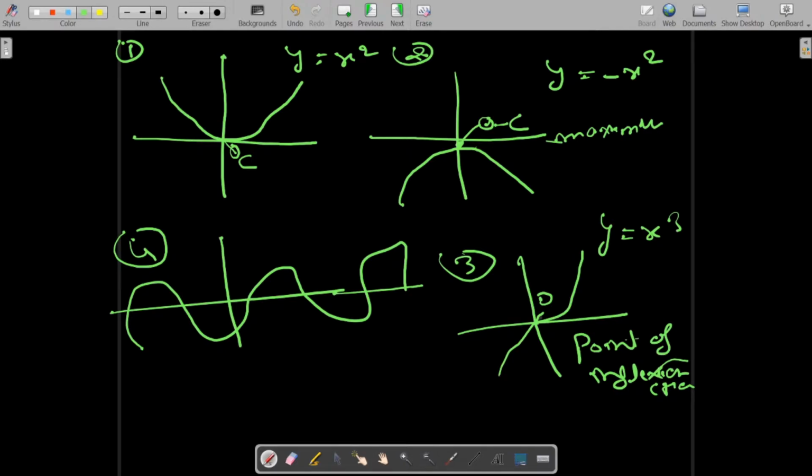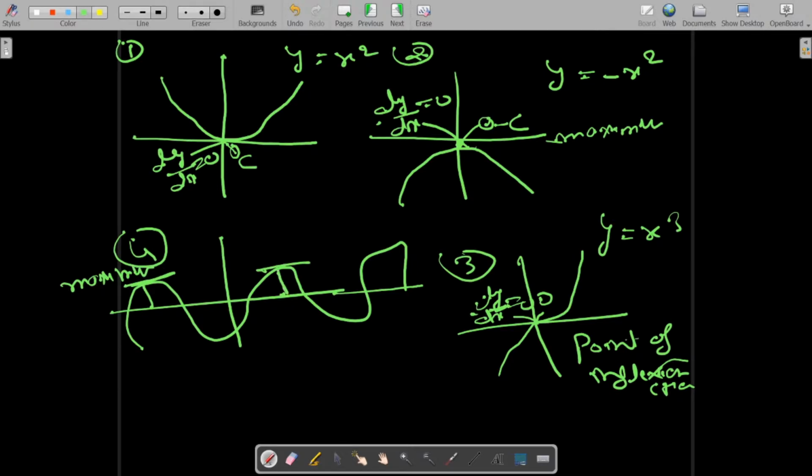So at the point of inflection, the slope at this point, the first derivative dy by dx, would be 0. Here also dy by dx would be 0. Similarly here also dy by dx would be 0, and at this point this function is taking maximum, and at this point also it is taking maximum.